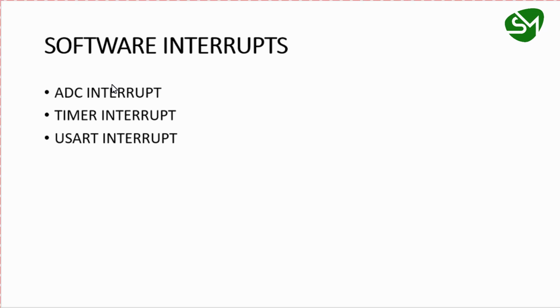We will check an ADC flag in that case. If you take a timer interrupt, it will trigger whenever a predefined time period expires. And for a USART interrupt, the interrupt will occur whenever a full byte of data is received in the receive buffer.